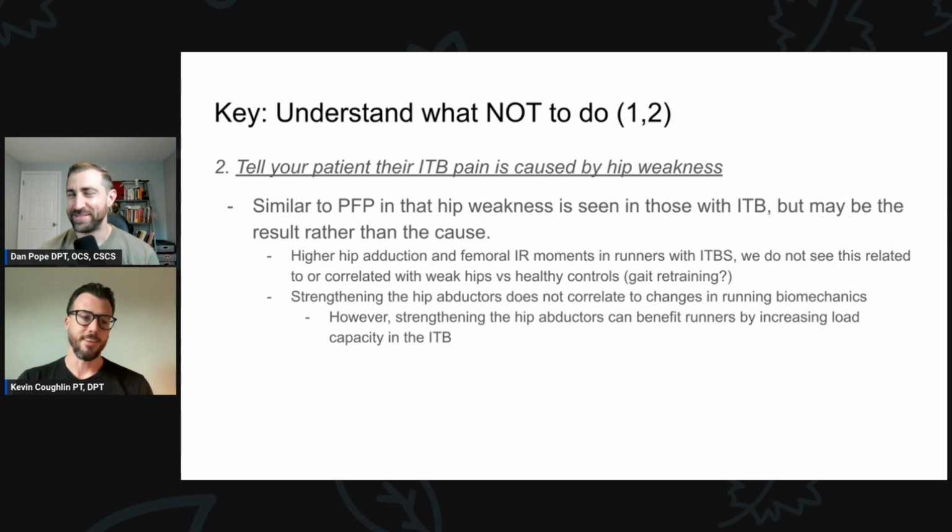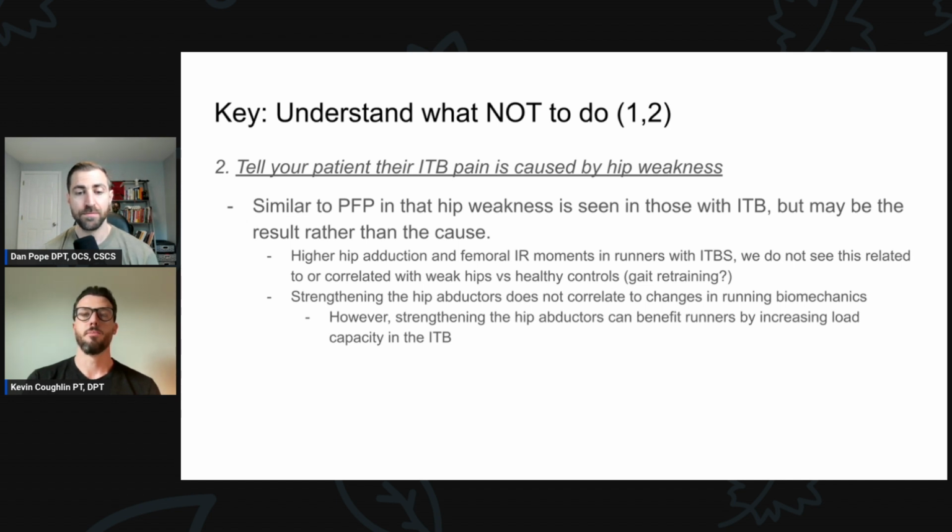Yeah, I was going to say it's a good point. For the second point here, under understanding what not to do, is telling your patient that their IT band pain is caused by hip weakness. I think with the IT band here, it's kind of similar to patellofemoral pain.